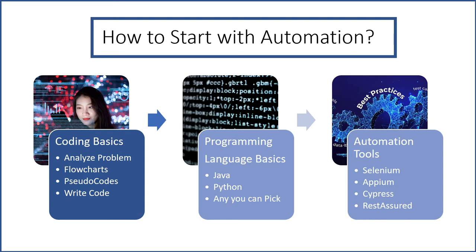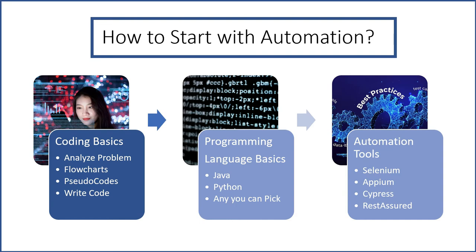Once you are clear with your coding and logical problem solving, you can move on to programming skills. Once you have the programming skills, learning an automation tool is very simple for you, and you can select the tool you want to learn. You can learn Selenium, Appium, Cypress, REST Assured.